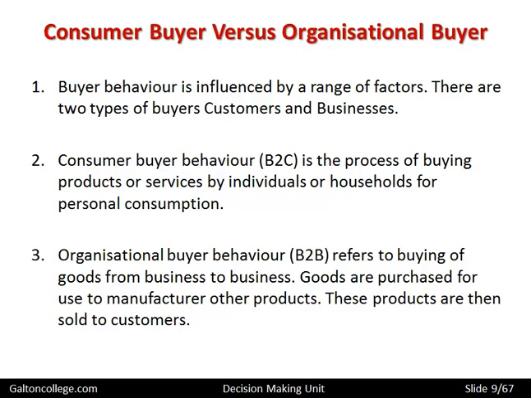So we've got two types here. We've got business to consumer, which is us, as consumers, buying products from businesses. And we consume the products. We consume the services. We buy them from the business. B to C, business to consumer.